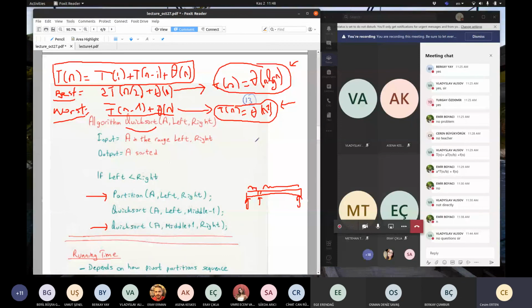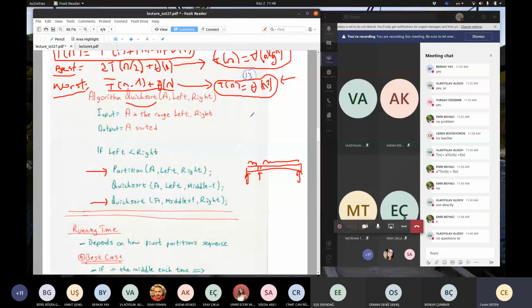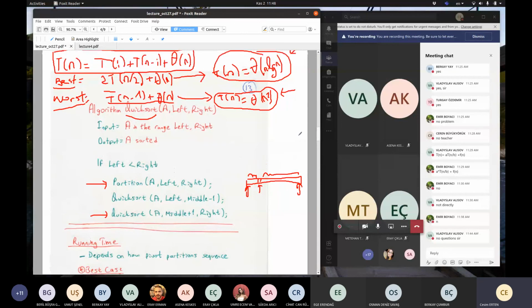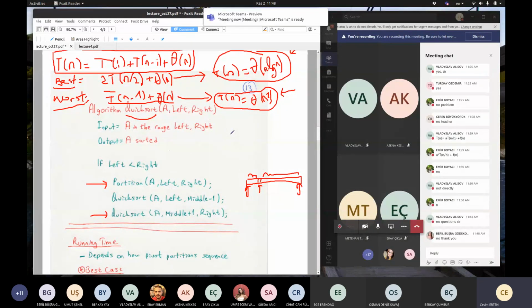And in tomorrow's lectures, we will discuss finding a lower bound for the problem of sorting, because so far we have seen four sorting algorithms: insertion sort, merge sort, heap sort, and quick sort.